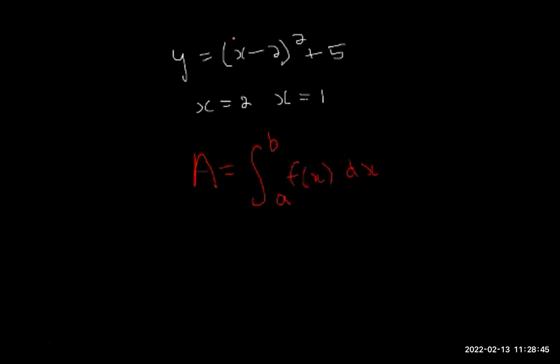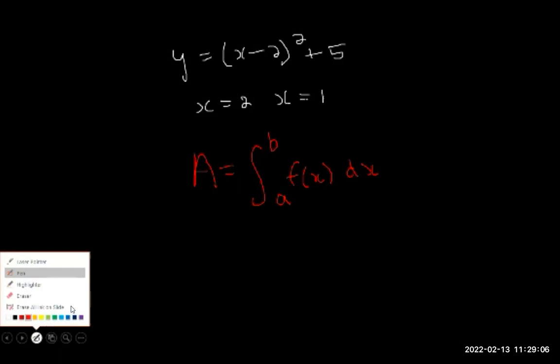Your f of x is the equation for the curve. B is always the bigger number, A is always the smaller number. So f of x in this case is (x minus 2) all squared plus 5. The bigger number is 2, so B is 2. The smaller number is 1, so A is 1. There's no need for you to draw a sketch for these questions.